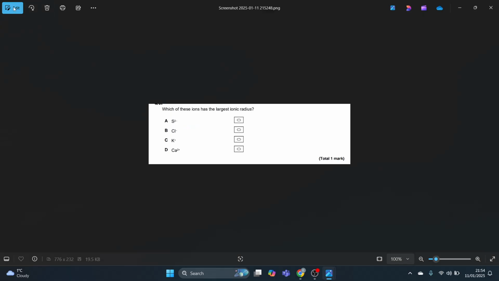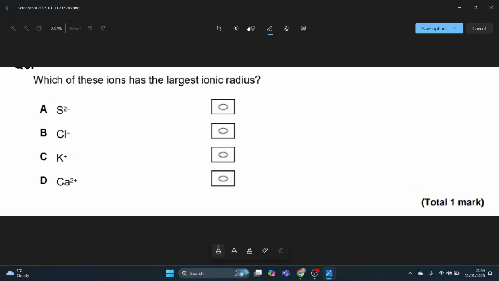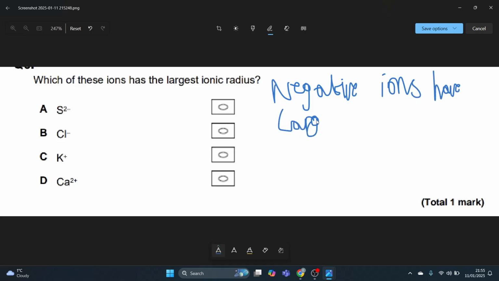Which of these ions has the largest ionic radius? Should know key fact, negative ions have larger ionic radiuses than positive ions.